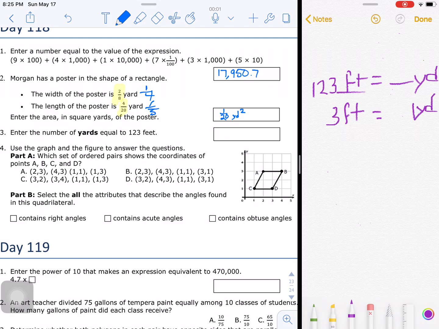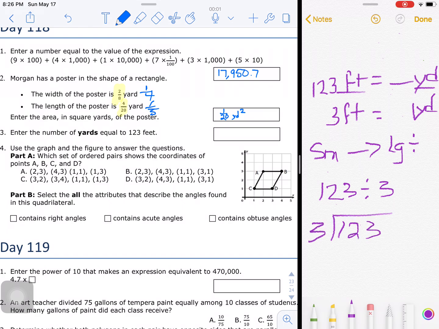I also know that I'm going from feet to yards, so I'm going from a smaller unit to a larger unit, which tells me that I'm going to divide. Okay, so I'm going to divide 123 by 3.